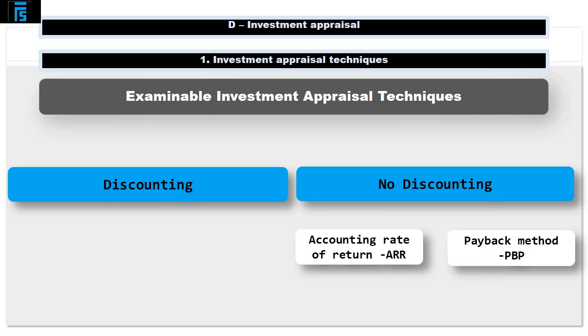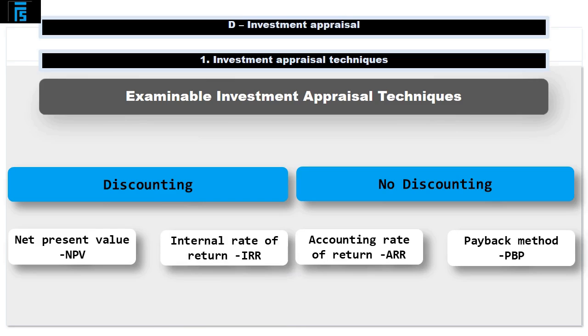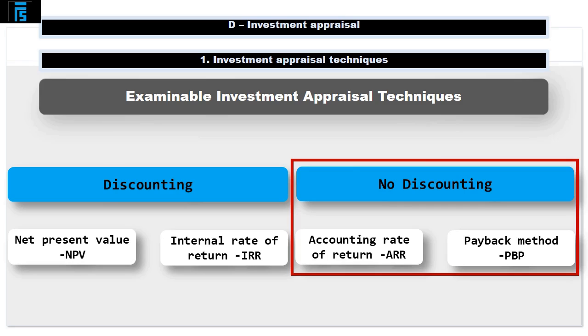The two that do involve discounting are net present value, or NPV, and internal rate of return, or IRR. We'll start off with the non-discounting techniques, then work through the ones that involve the time value of money. We'll then go on to develop net present value techniques for longer questions.